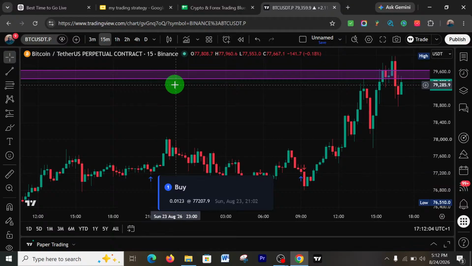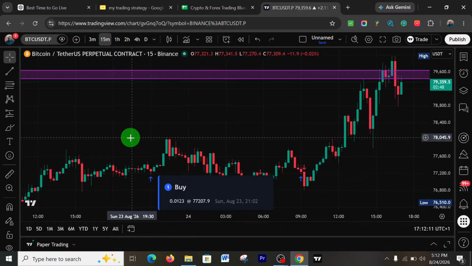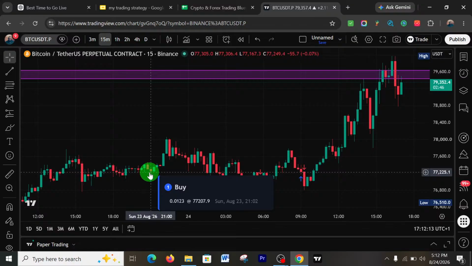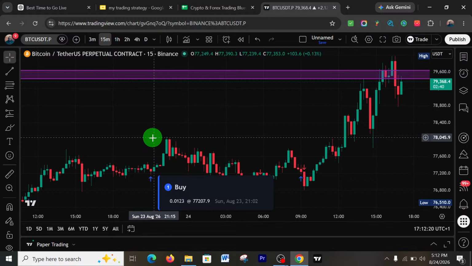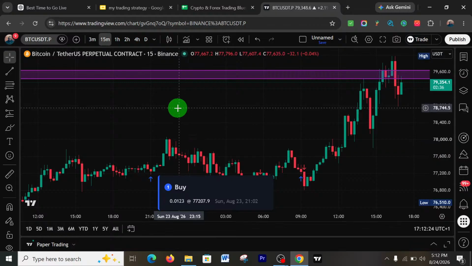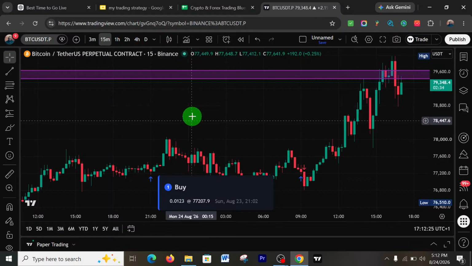My target was around 79k, and unfortunately it got to about 78k. I got in here at around 77,207, but price got to 78,045. I was expecting to get here. It didn't.